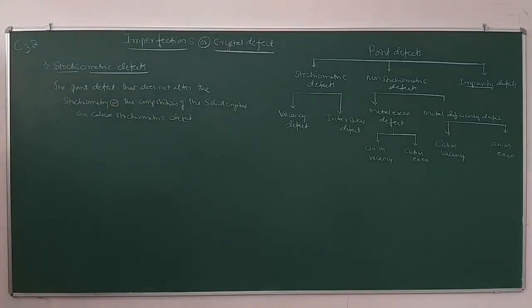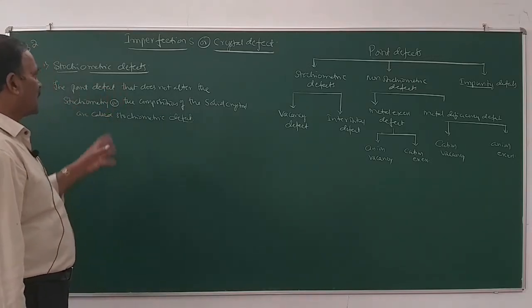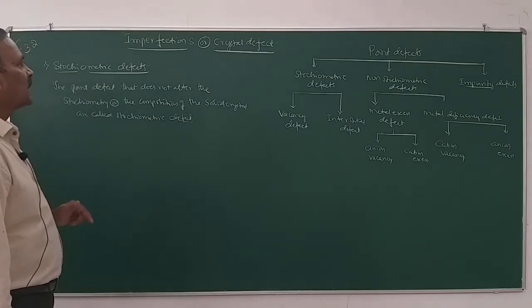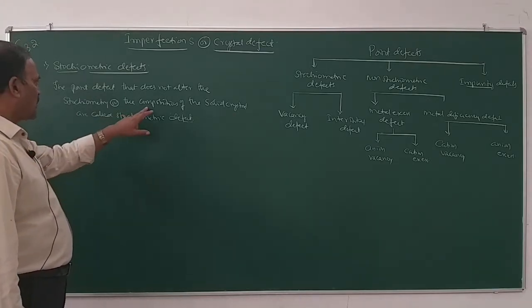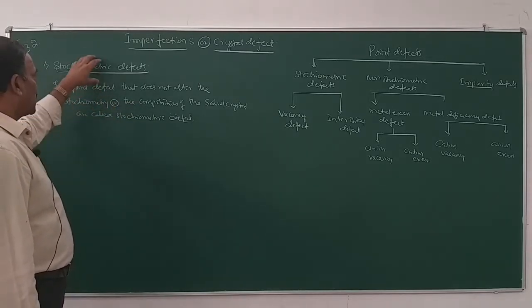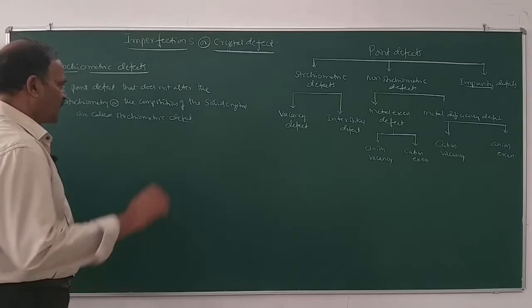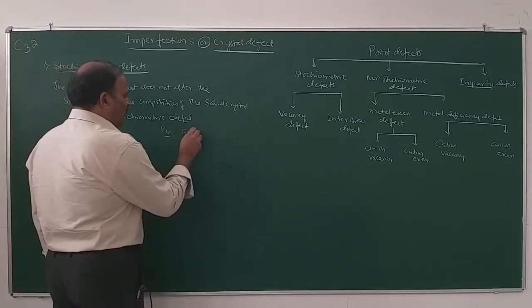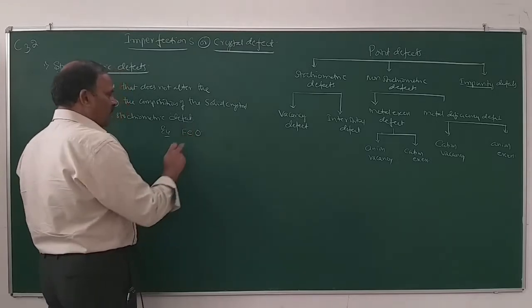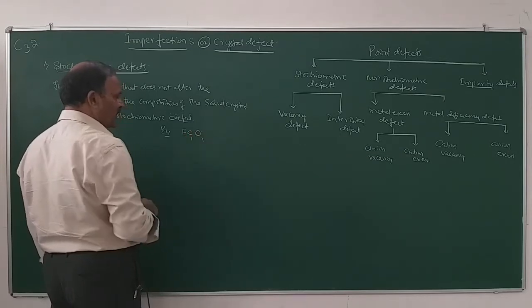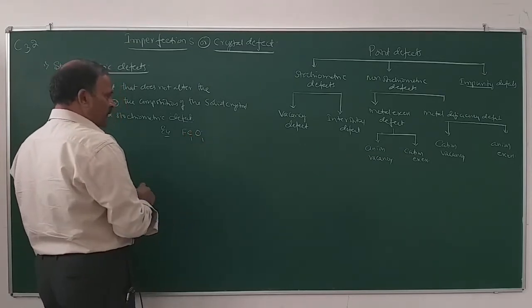Stoichiometric defect is a type of point defect that does not alter the composition. Due to this defect, if the composition or the stoichiometry of the compound is not altered, that defect is known as stoichiometric defect. For example, what is the formula of ferric oxide? In this, the ratio of iron and oxygen is 1:1.